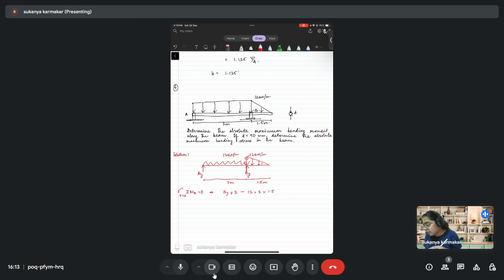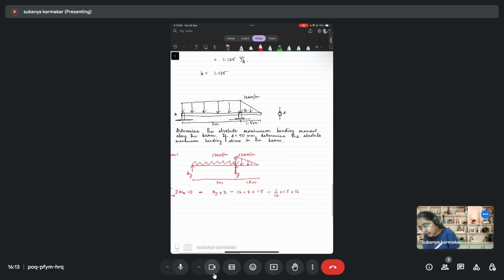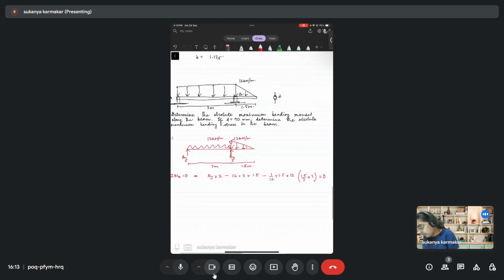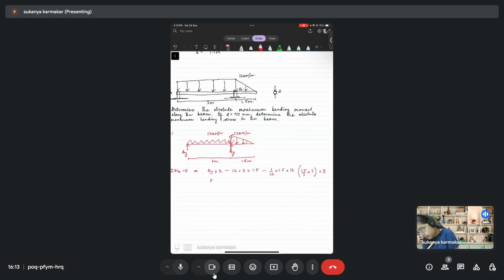This will generate a clockwise moment, so negative, minus half into base 1.5 into height 12, and it is at a distance of the CG from B, 1.5 by 3 plus 3 meter. So this is equal to 0. From here, we can calculate By to be equal to 28.5 kilonewton.